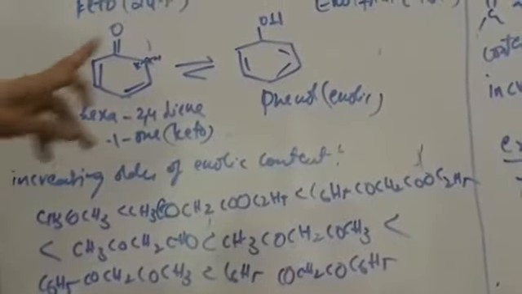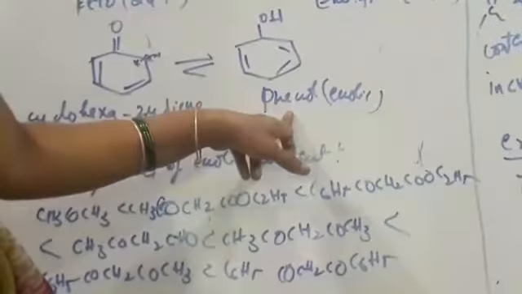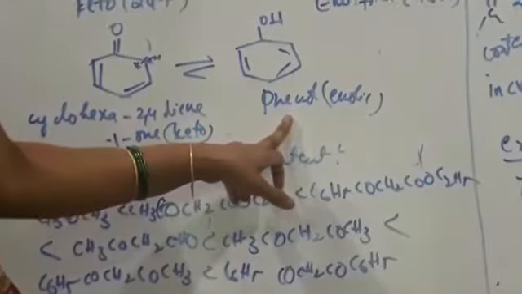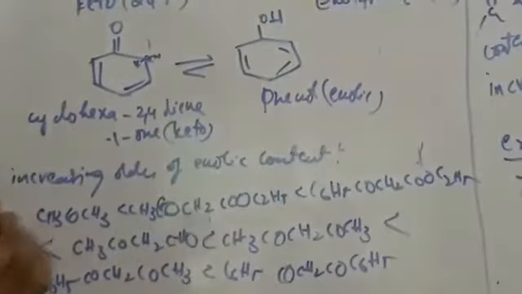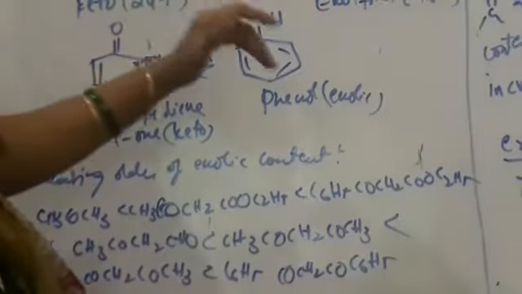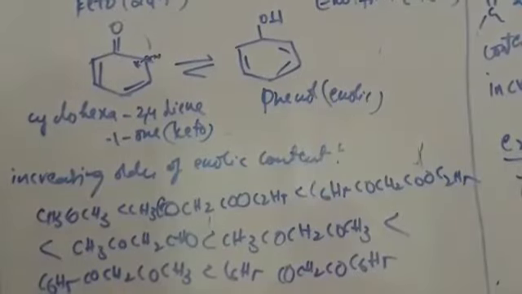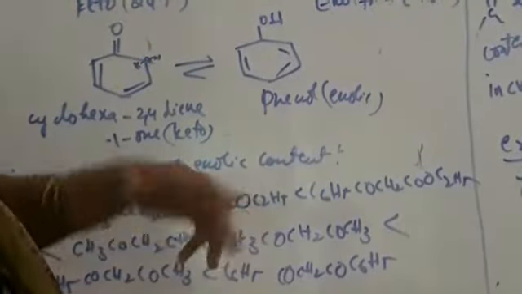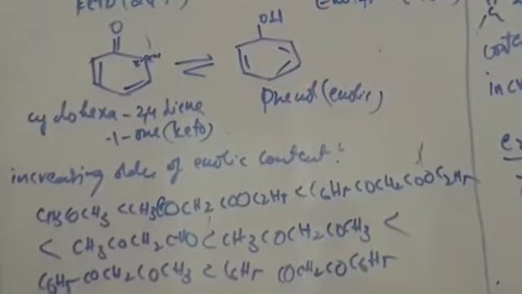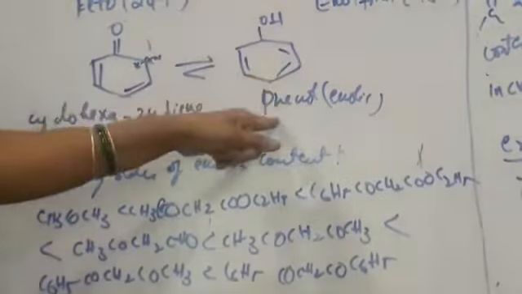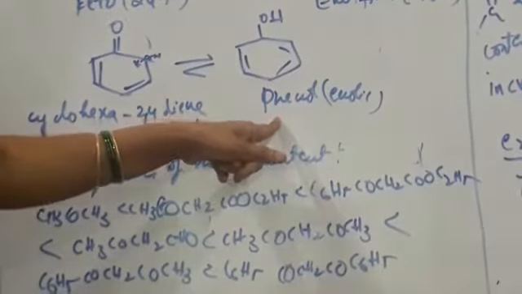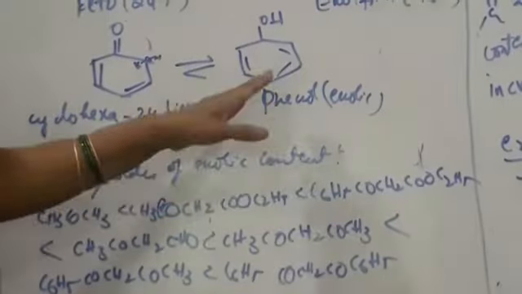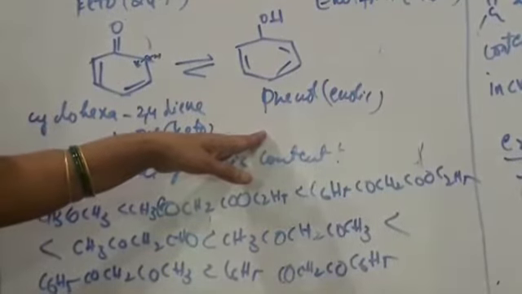Why? Because phenol gets stabilized due to resonance. Phenol exhibits resonance, so it is present in 5 different resonating forms. Greater the resonance, greater is the stability. So phenol is obtained as an enolic compound, and this is more stable because of resonance, not the formation of hydrogen bond here.